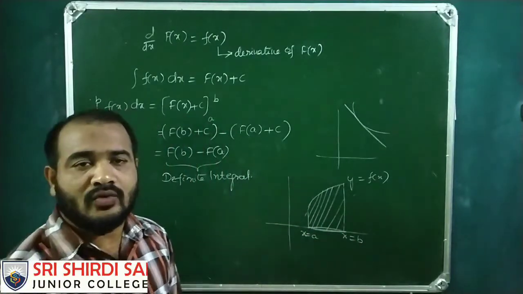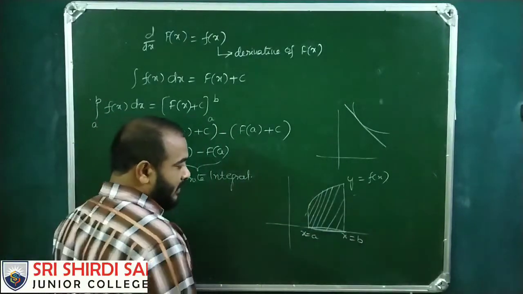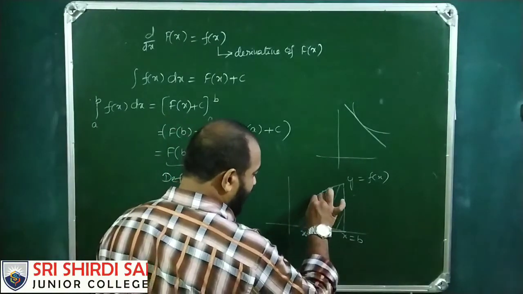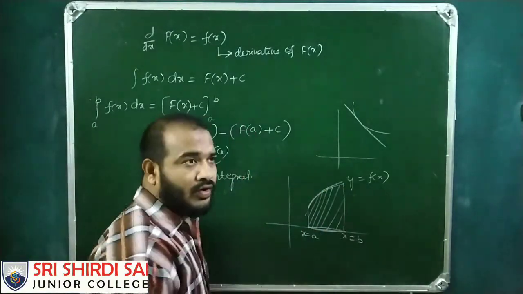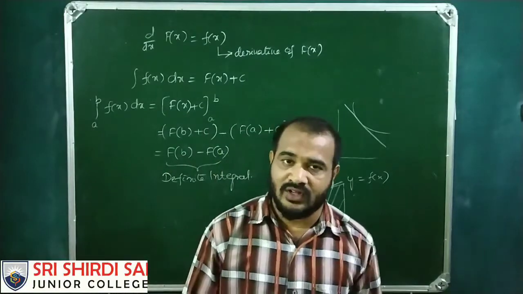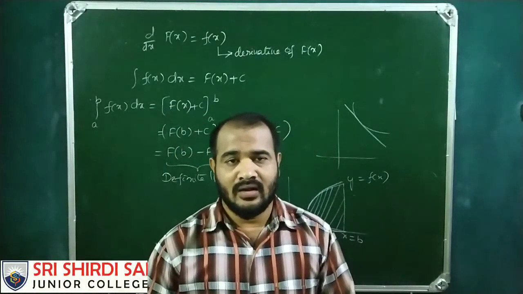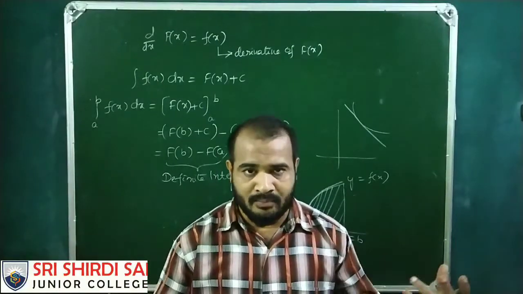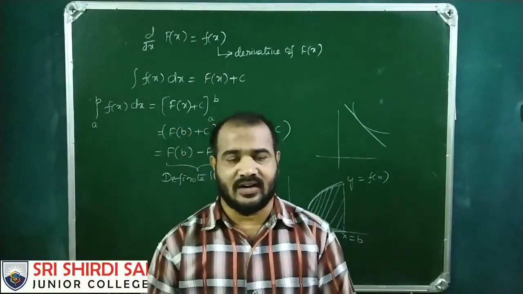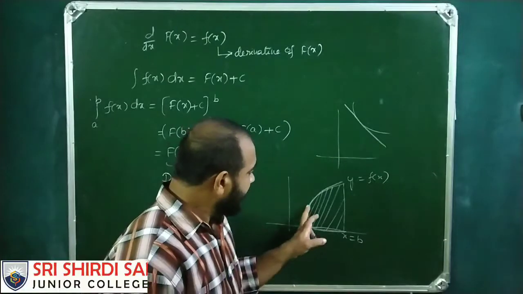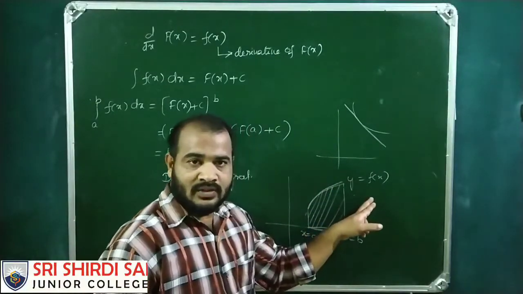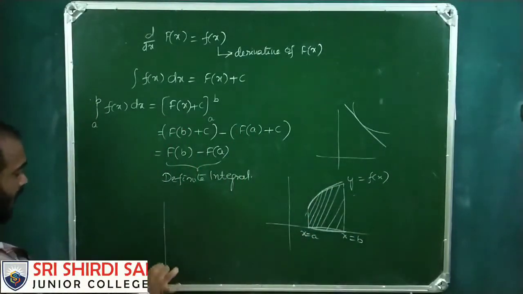Here the natural question arises: this is not a regular shape. So far we are familiar with finding the area of a circle, triangle, trapezium, rectangle, square, etc. But this is a complex curve. Sometimes curves will be like this.